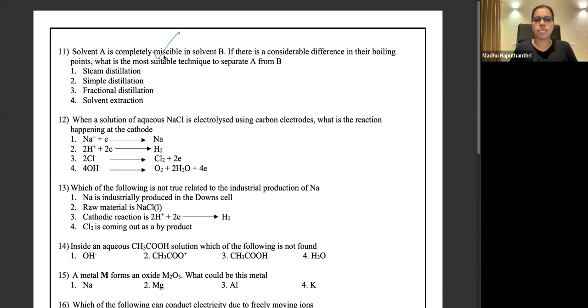Here the keywords are miscible, and a considerable difference in their boiling points. When you combine those 2 features, it's not steam distillation.